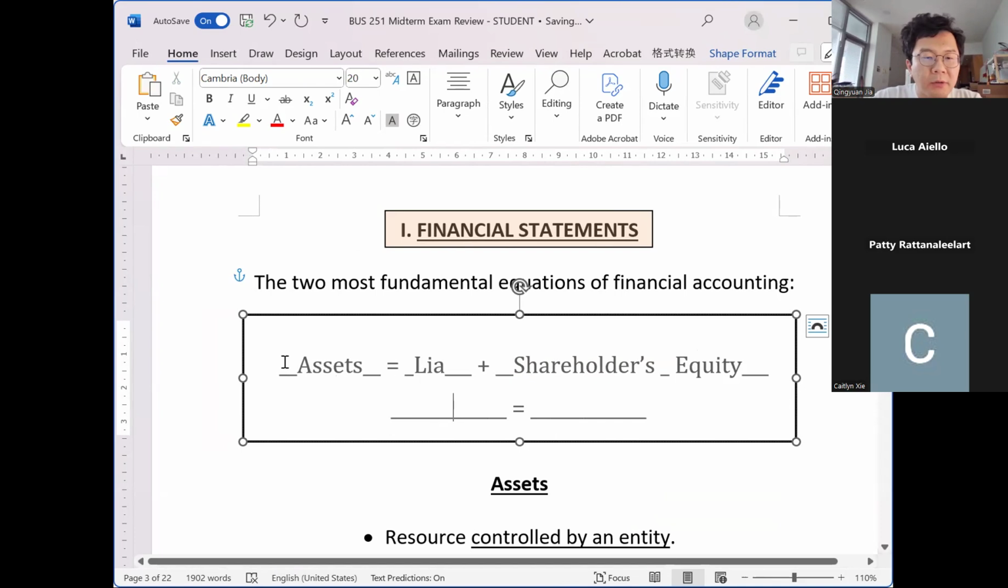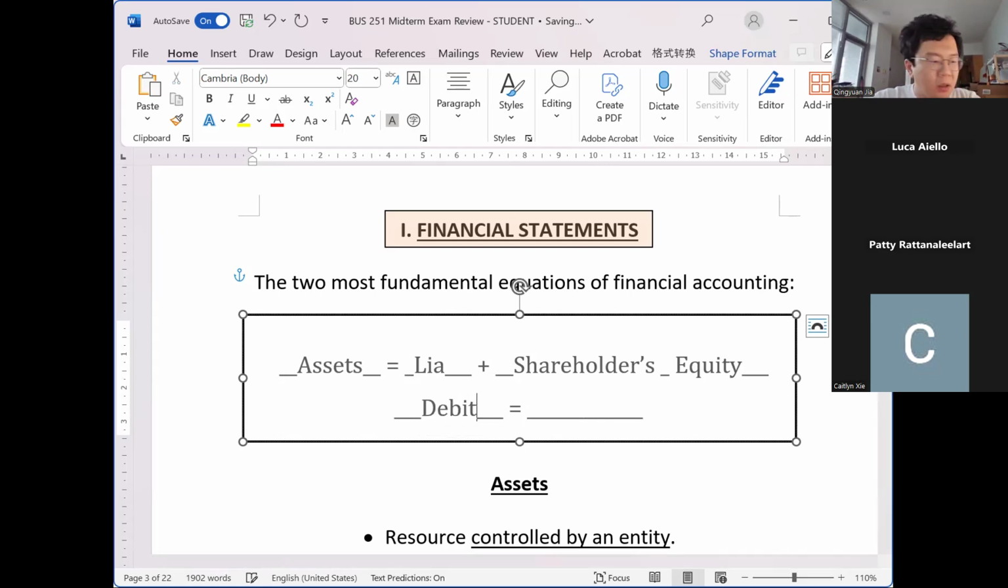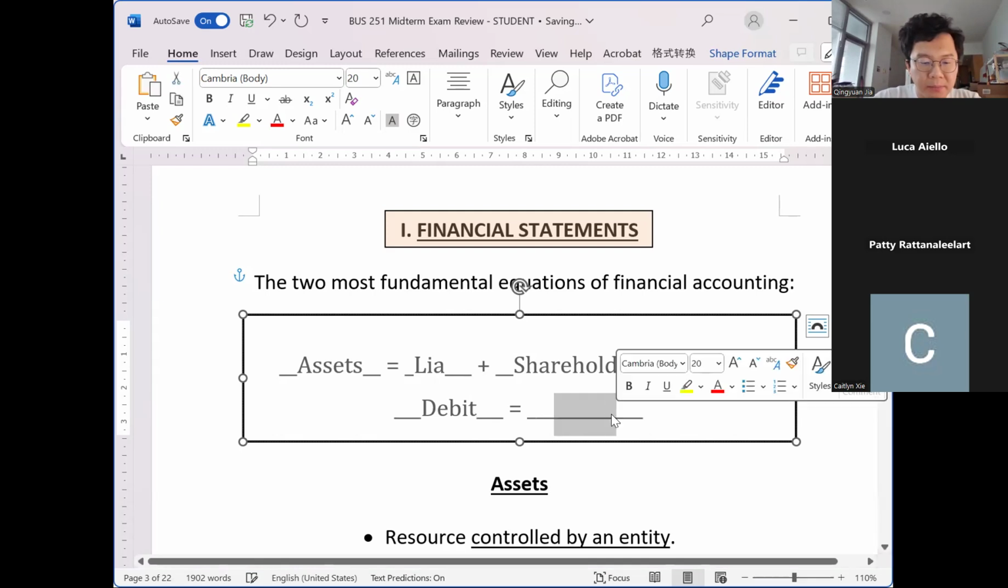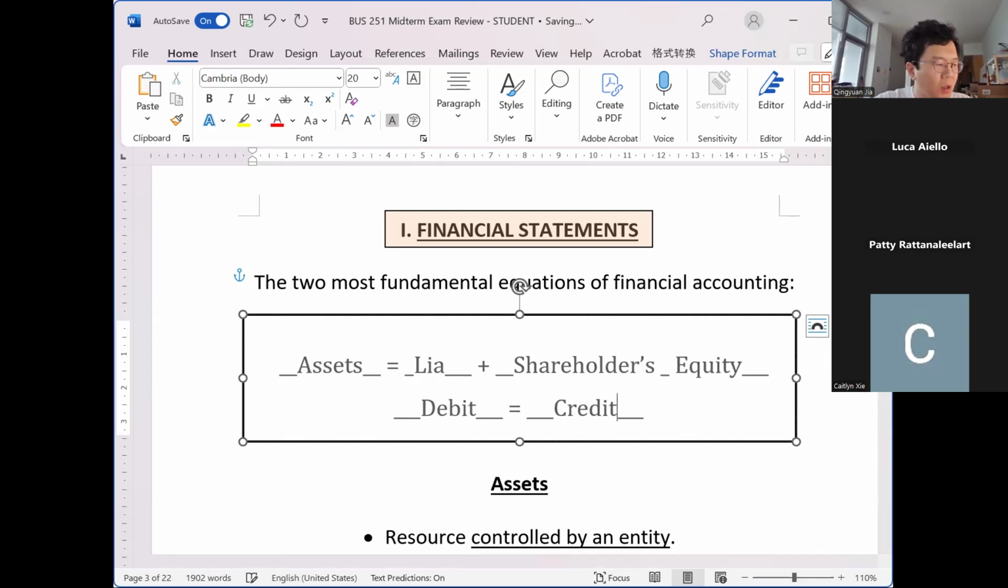And this is the first fundamental rule. And the second one is debit equals credit. And also, this is the fundamental rule when we're making the journal entries.